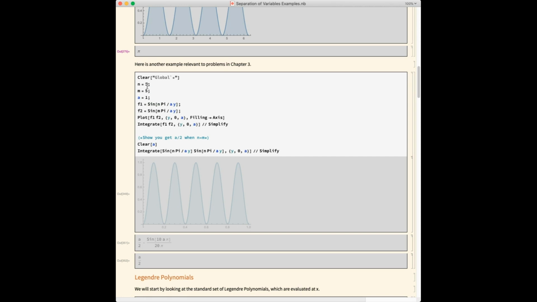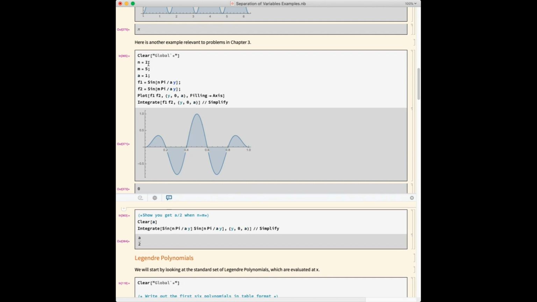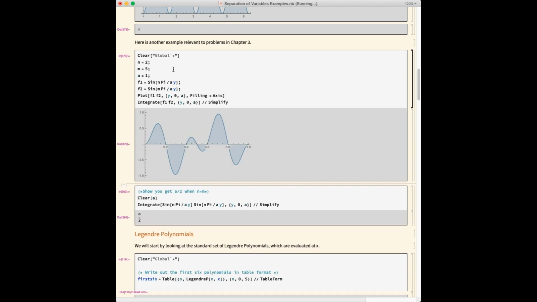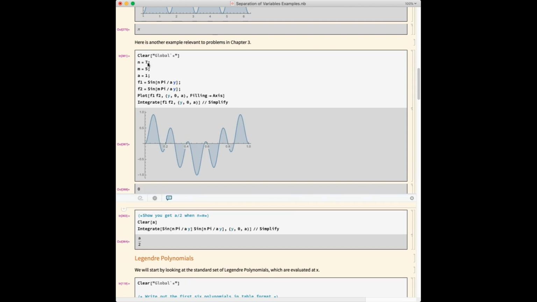And you can see that as long as m and n are not equal to one another, we get the same situation where the integral ends up being 0. And if I look at this curve, this one's a little complex, but you can still see you get the same amount of area above the curve as below. And if you guys want to download this again and play with the numbers, you can.